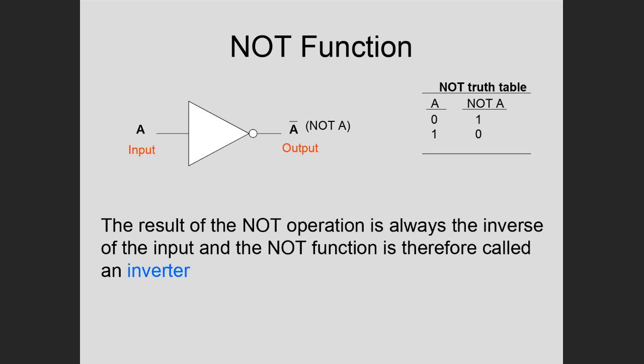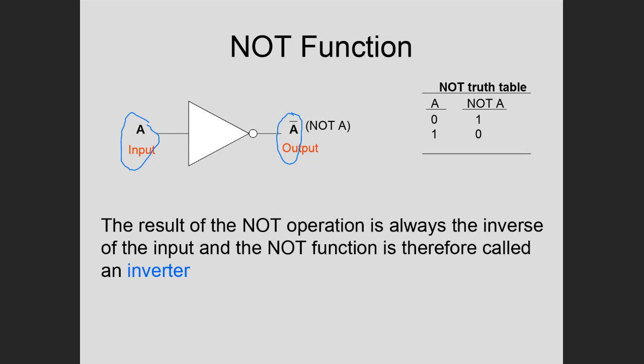Let's dissect this a little bit. Notice over here on the left, I have input A, but over here on the right, I have A with a bar over it. That's called A NOT or NOT A. You can say it either way. What that represents is that the variable A can take on any value on the left.